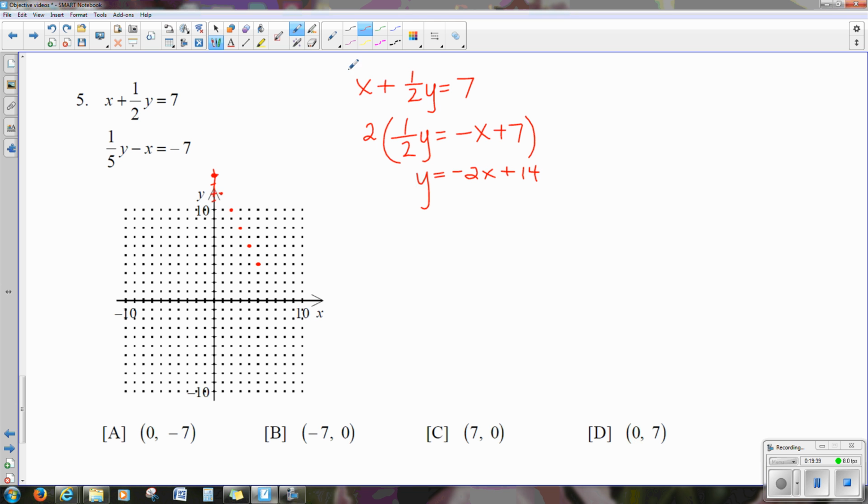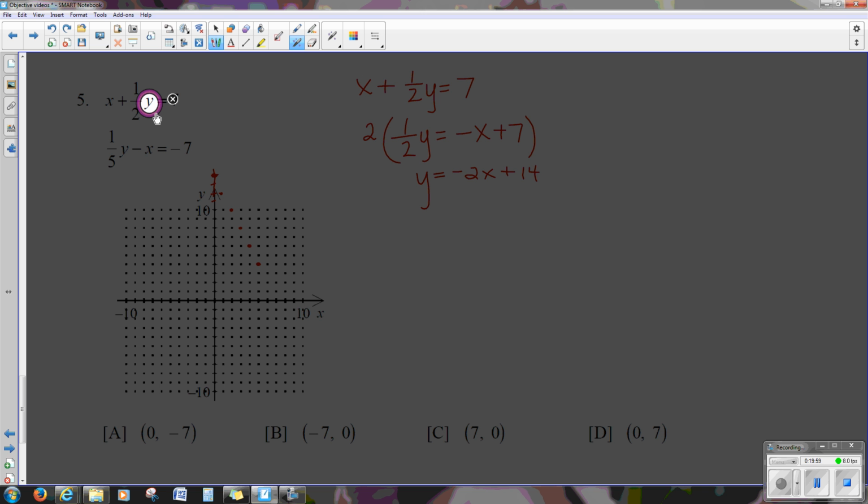Or remember that we could have solved this for the x-intercept instead of the y-intercept. So if y was 0, let me switch to this magic pen for a second. If y is 0, that would make the whole thing, negative half times 0, also going to be 0.